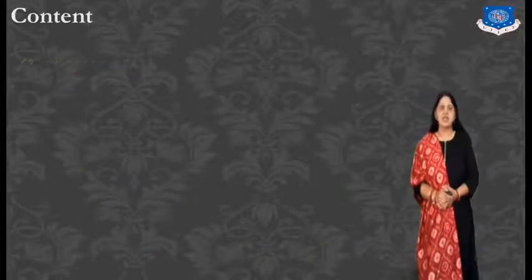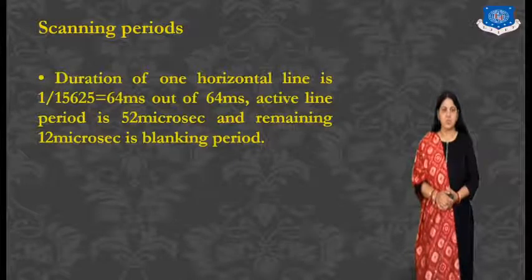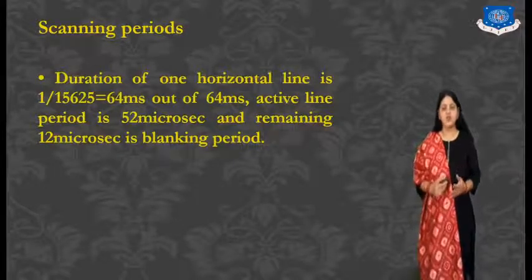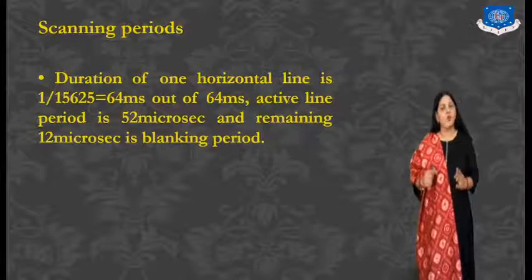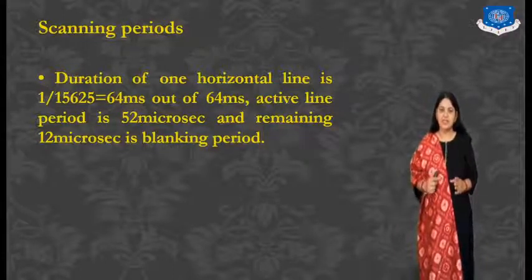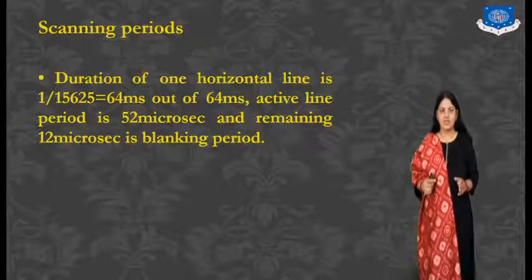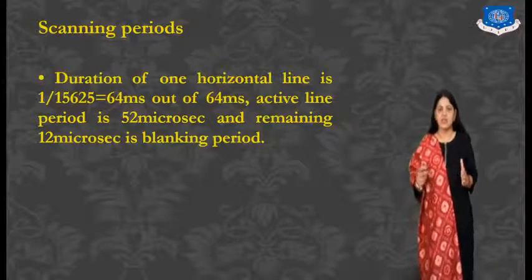So friends, as we know about the scanning periods, the duration of one horizontal line is 1/15625, that is 64 microseconds. As we know, the total number of lines in the television is 625.